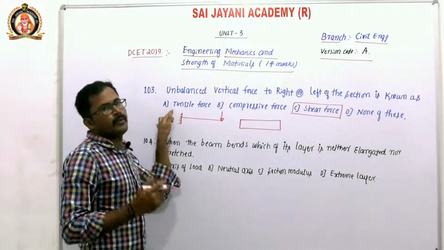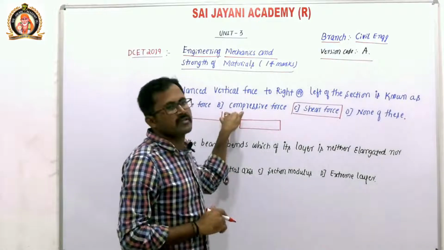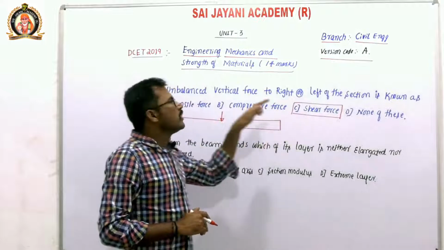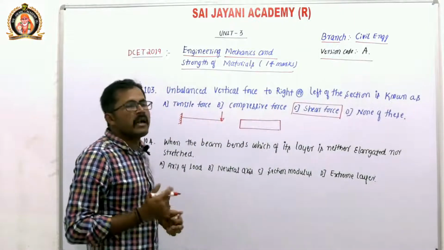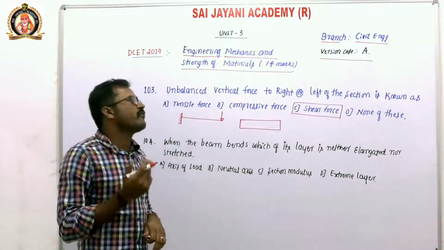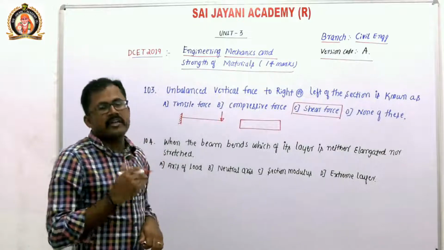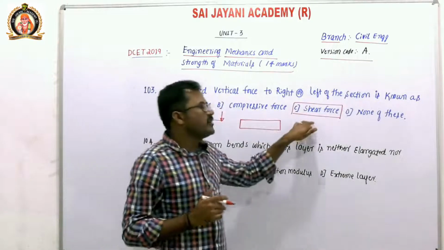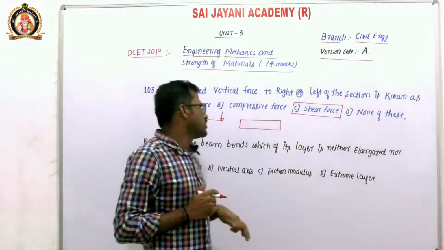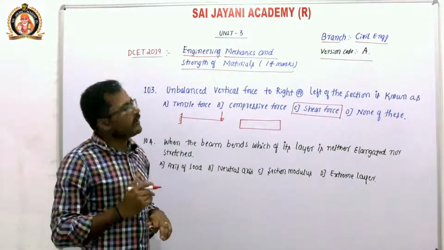Tensile force produces tensile stress. Compressive force produces compressive stress, but the shear force is the unbalanced vertical force which acts right or left section of a beam which tries to shear the beam. Again, shear force also produces the shear stress, but this question is regarding shear force and bending moment.